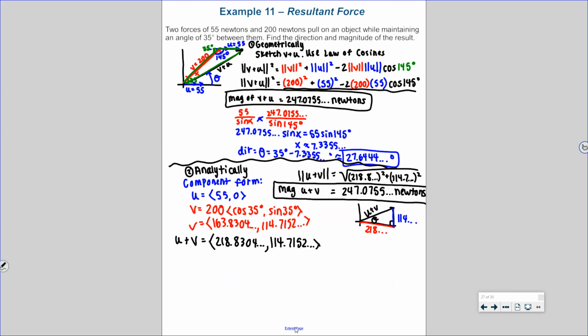To find that angle, you can do this every time analytically, after you find it in component form. You just take the tangent of the angle is equal to the vertical component, opposite over adjacent, divided by horizontal component. So this is kind of a little version of right triangle trig, if you will.